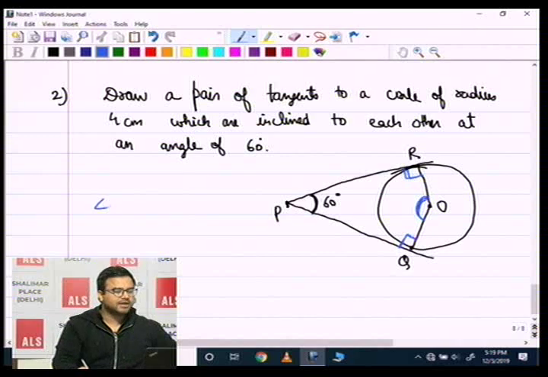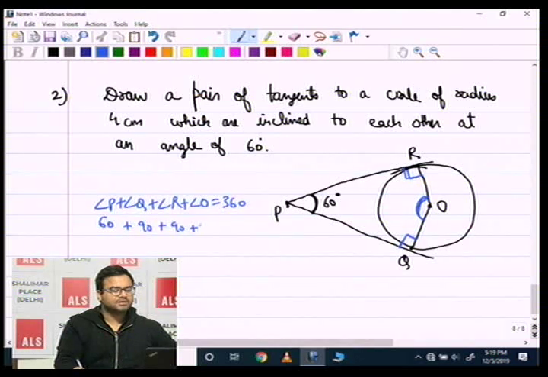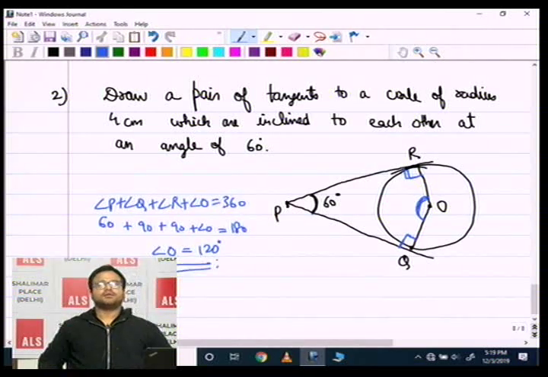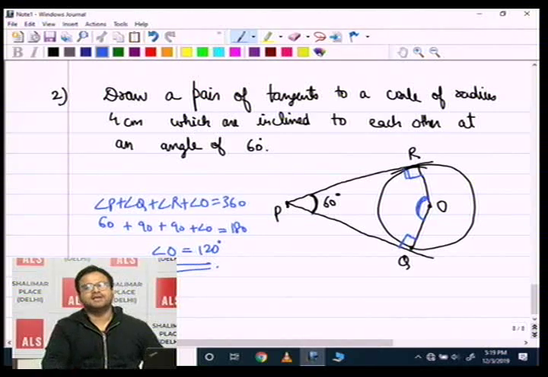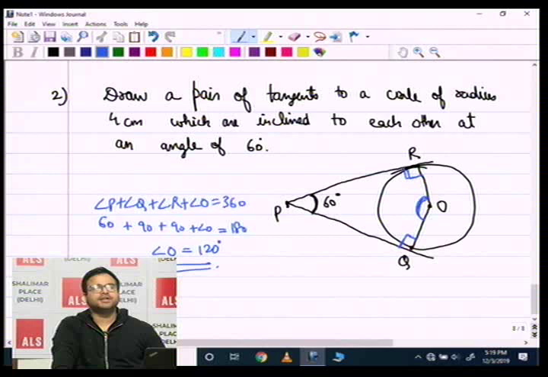You know angle P plus angle Q plus angle R plus angle O is 360. Angle P is 60, Q is 90, R is 90, we have to find angle O. So angle O needs to be 120 degree. Right? With some calculation we can find the angle at the center. Angle ROQ has to be 120 degree. All of you are getting it?